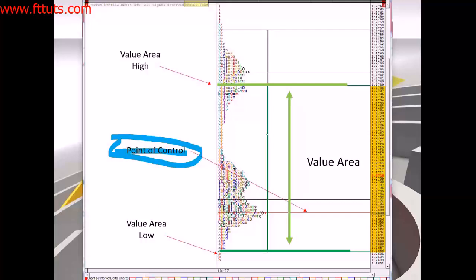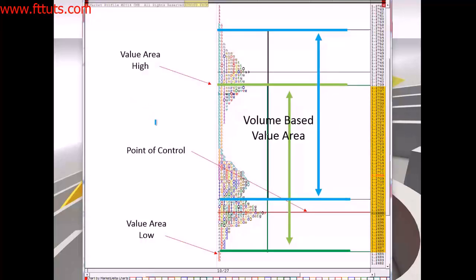And that becomes an important line in the sand, as you will see when we begin to look at different profiles together. That is an important level that one should keep an eye on, and that is why I am highlighting it for you.